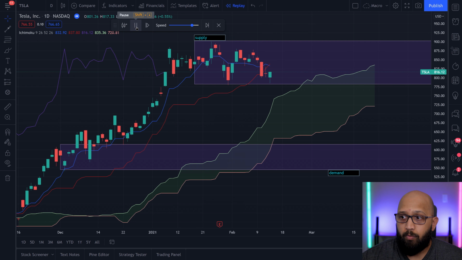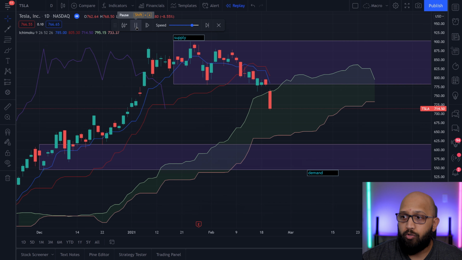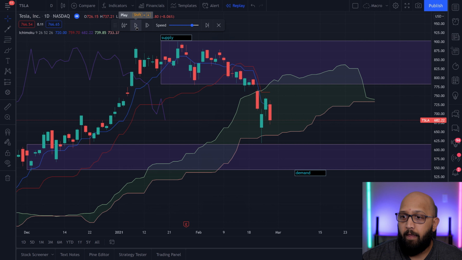If we play this, we can see that Tesla starts to drop into the cloud. And now we have this crossover here. Now we can also see that these candles are below the Tenkan and the Kijun, right? The conversion line and the baseline. And remember I said whenever the blue line is above the red, it is considered bullish, and vice versa.